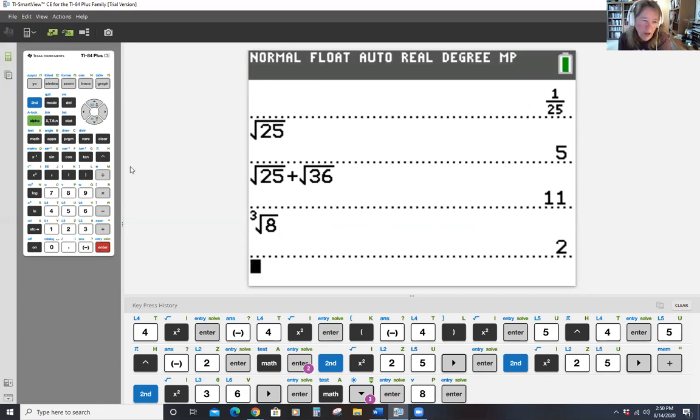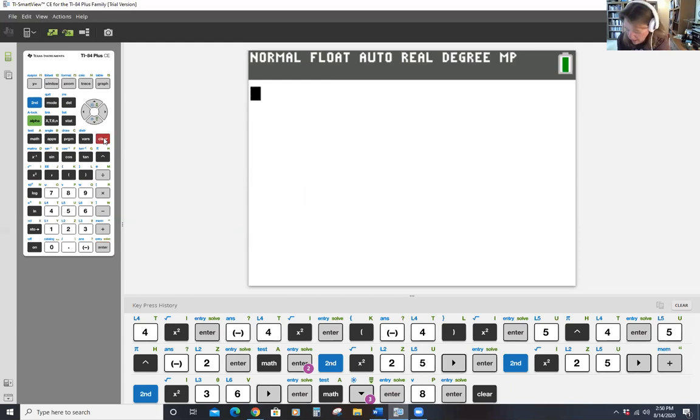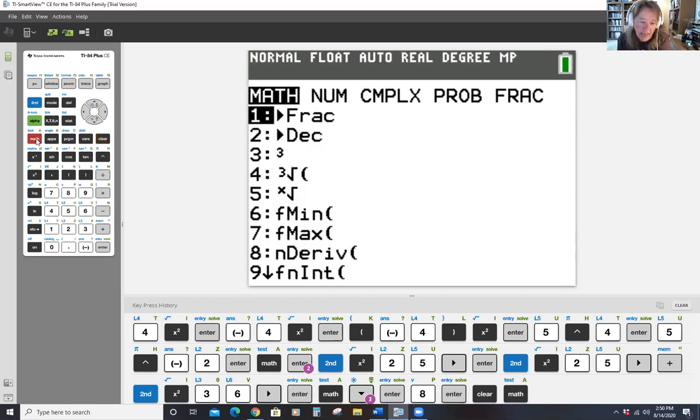Let's suppose we wanted a higher root. So I'm going to go ahead and clear this out. Okay, I think the one I have on the paper is the 5th root of 243. So I hope everybody sees that. So again, the 5th root doesn't happen frequently enough to get its own key, even in blue. So we got to go to a menu. And you'll notice this one down here for number 5, it has x and the square root sign. That's going to allow us to put in any number we want for the index and for the radicand.